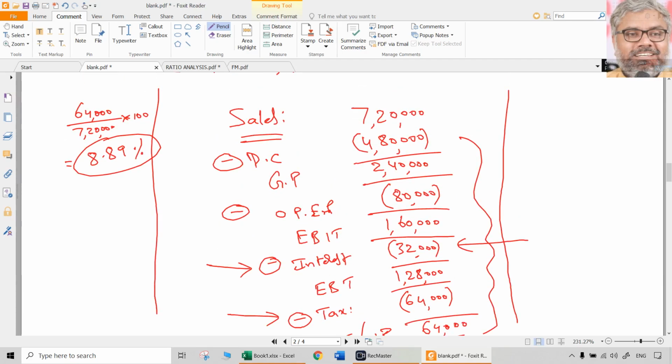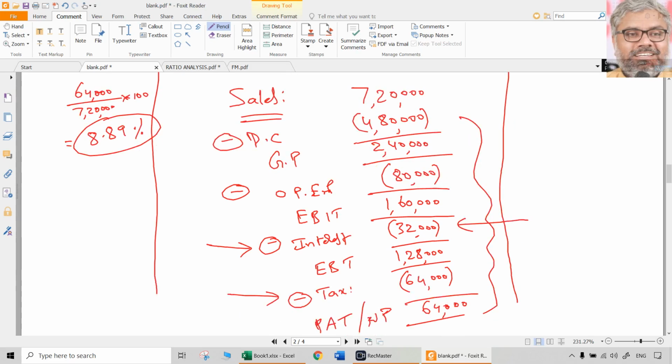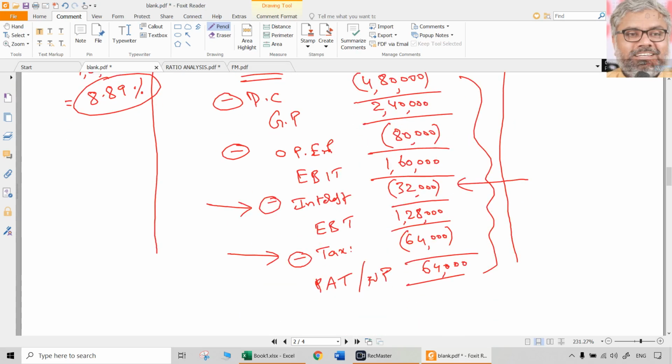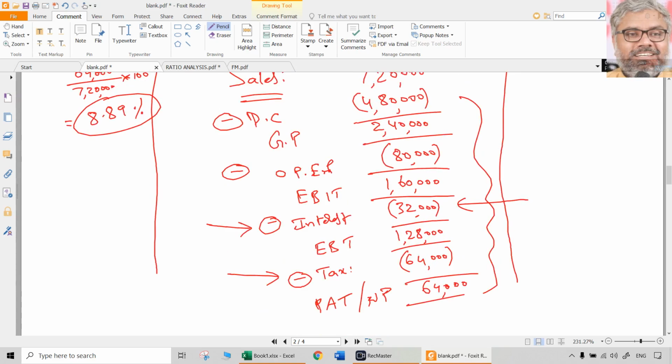It has nothing to do with tax rate, which is related to the government policy, and it has nothing to do with the capital structure also, which is related to the company's policy. Irrespective of that, whether assets are employed better or not will be shown by the operating results of the company, not the net profit of the company. So that is why better way of calculating return on assets will be EBIT divided by assets.